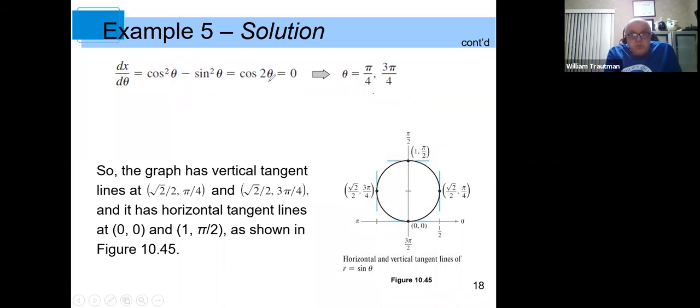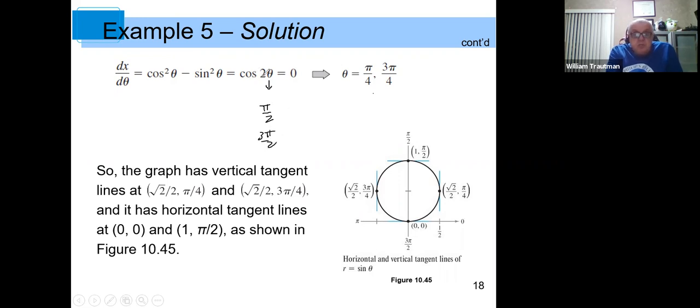The only place that cosine equals 0 is at pi over 2 and 3 pi over 2.